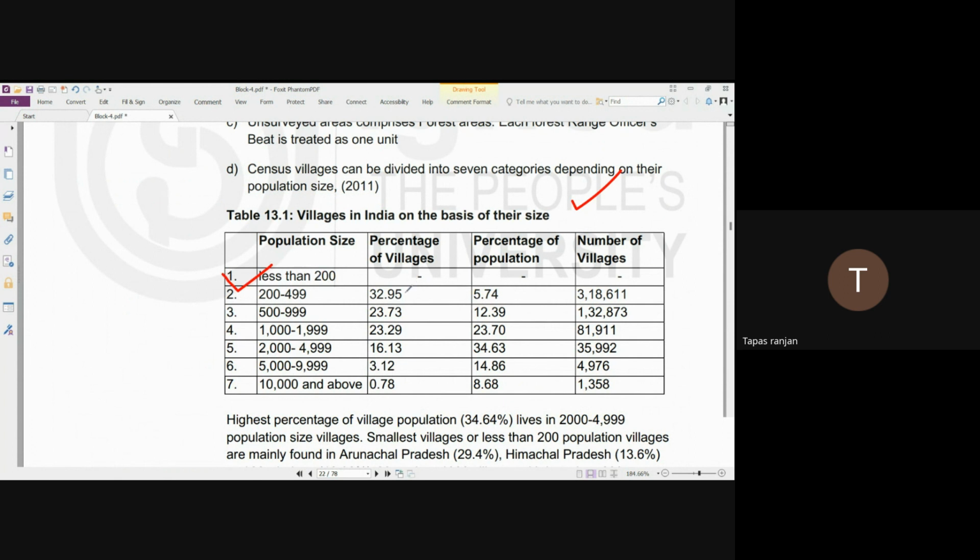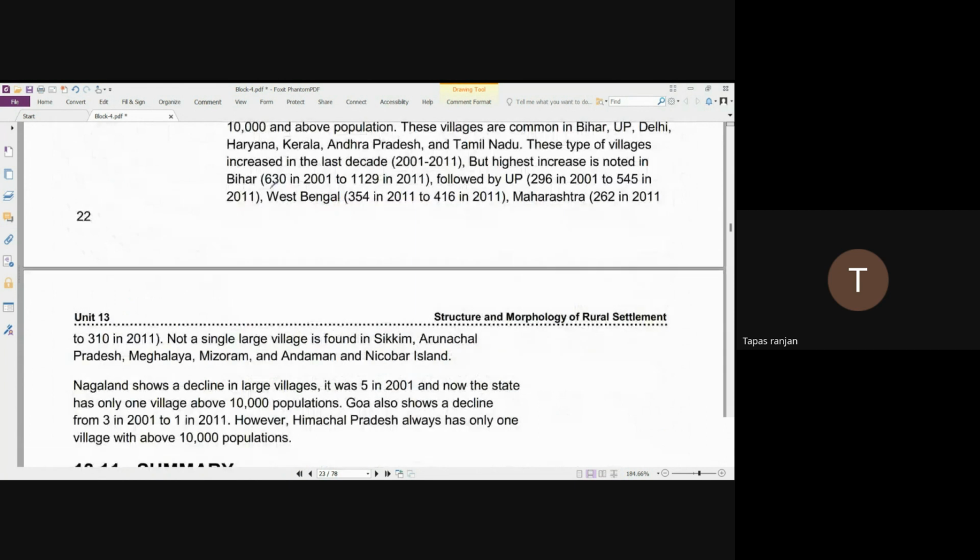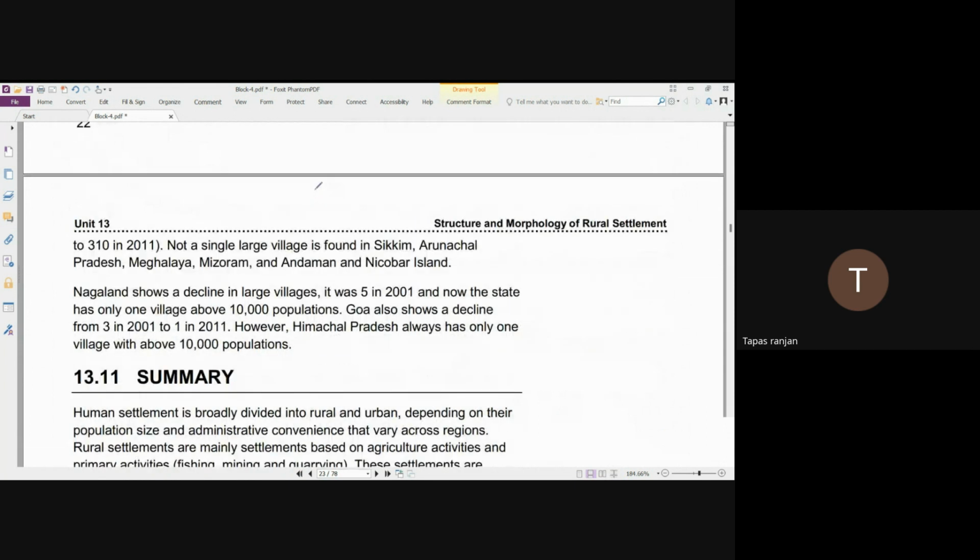So these are the different data that has been given. So mostly 200 to 500 population size is the dominant figure here, and a lot of rural settlements basically belong to this kind of population size.